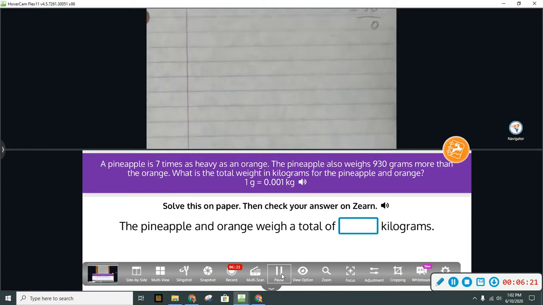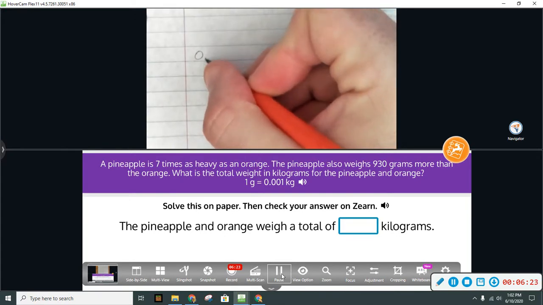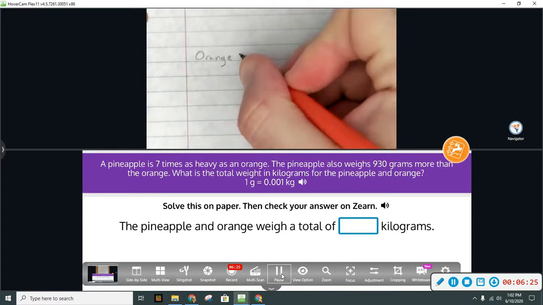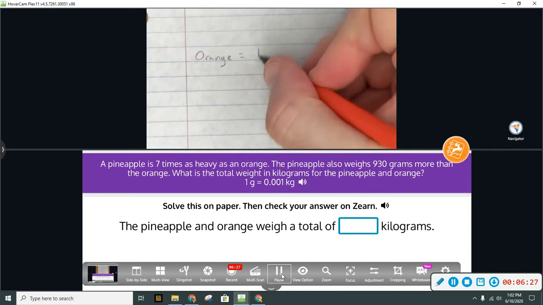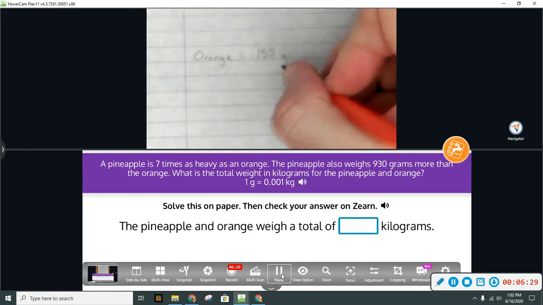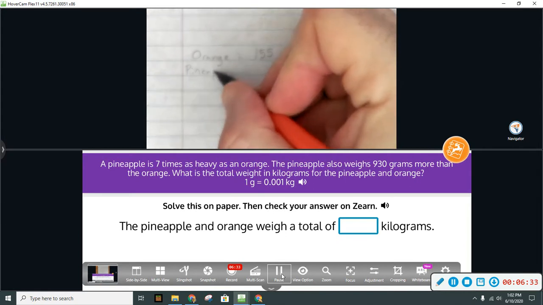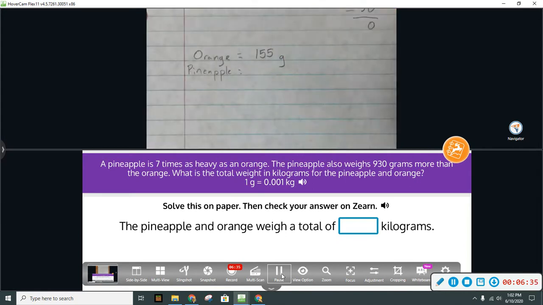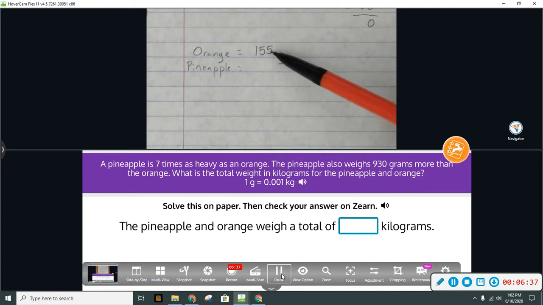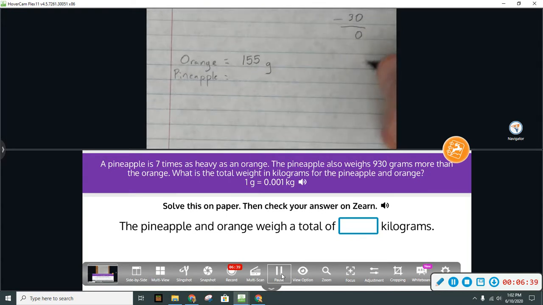Now, that tells me the orange is 155 grams. The pineapple is 930 more than that, or 7 times this, whatever you prefer.